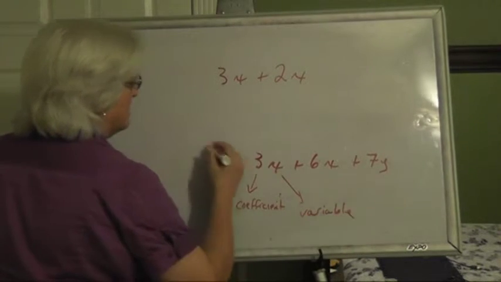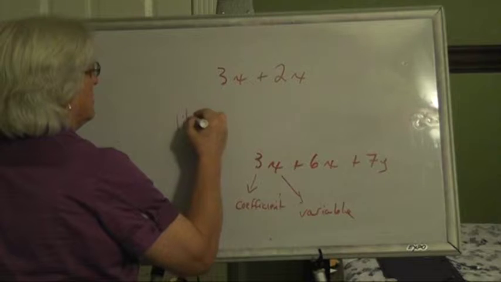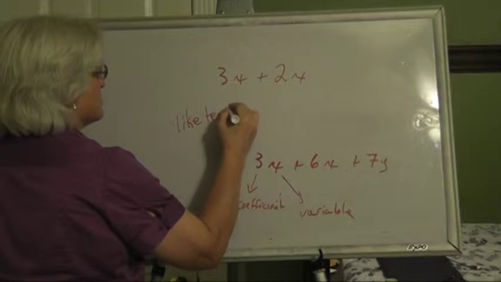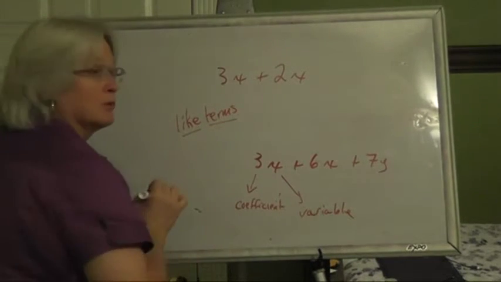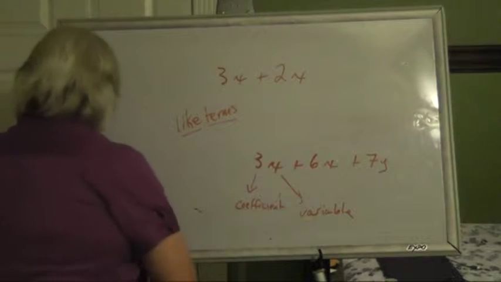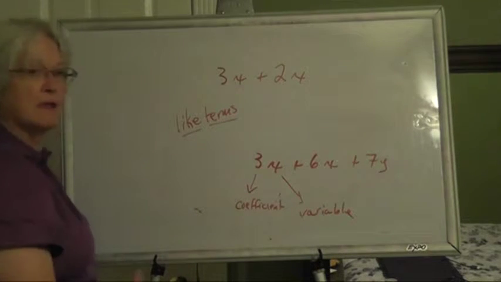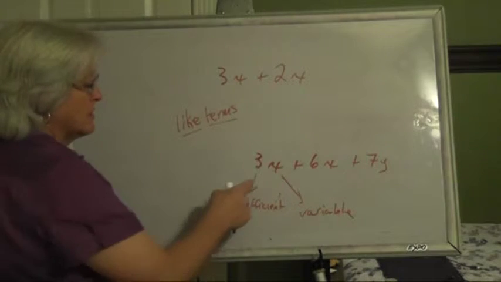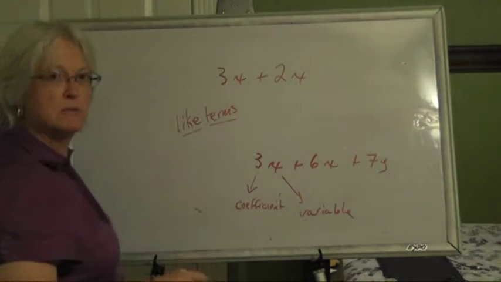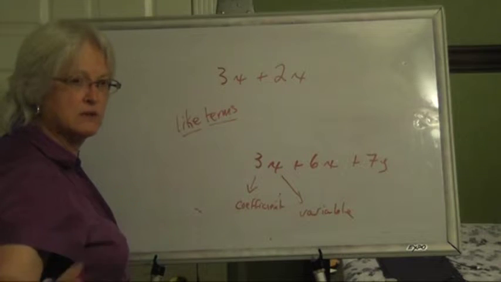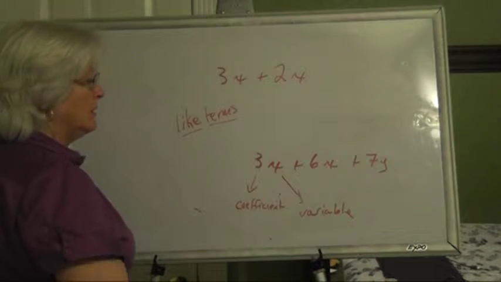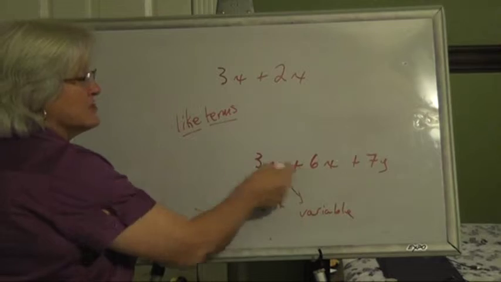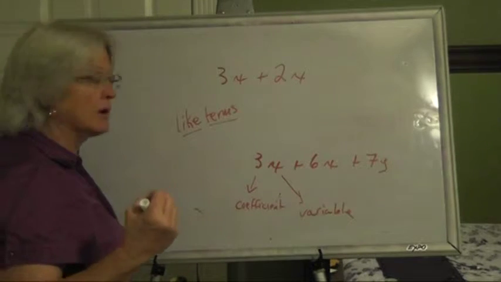We also need to know what we mean when we use the expression like terms. Like terms have the exact same variable. Coefficients don't have to be the same. Somebody's got 2 balls, someone's got 10, someone has 1 ball. So the coefficients are different, but you're still talking about balls.